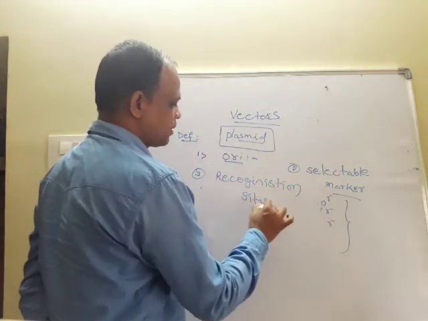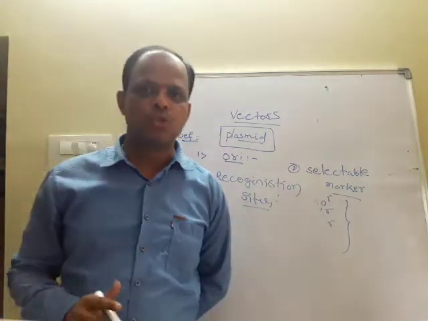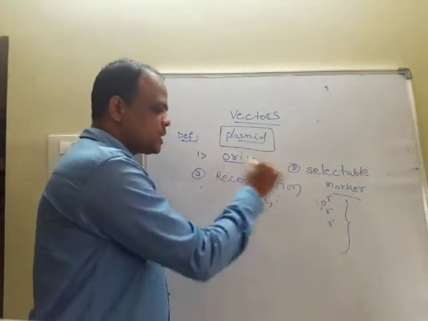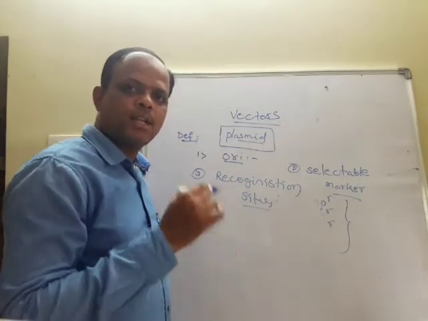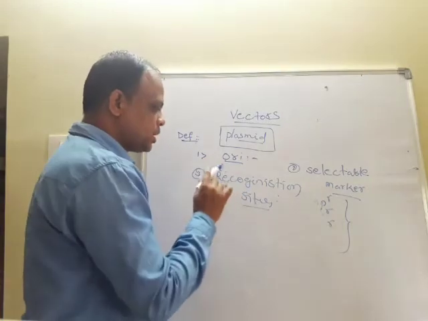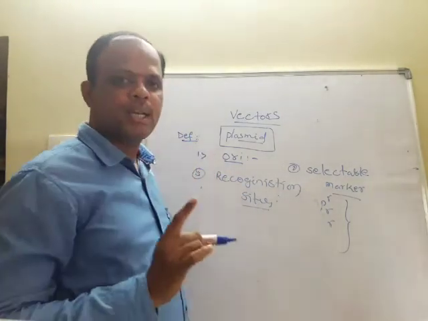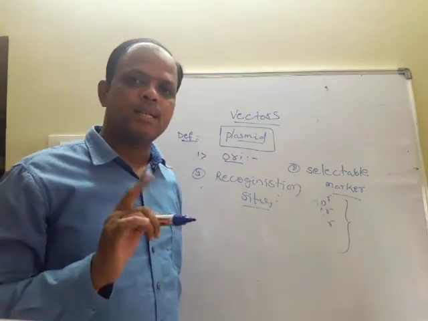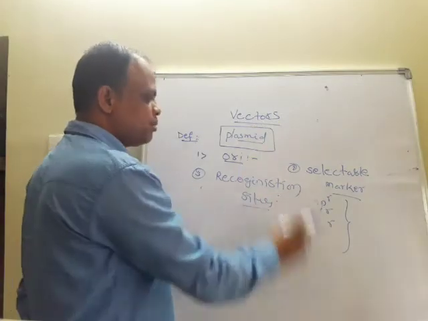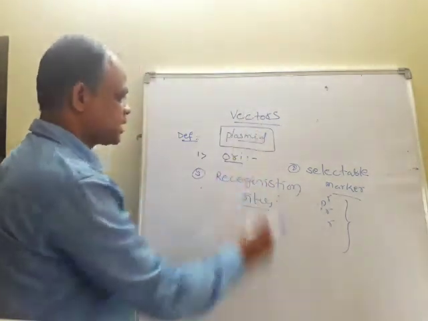Each and every vector must contain specific recognition sites, for the specific enzyme that we use. Each and every vector must contain specific recognition sites. These are very important characteristic features of vectors.